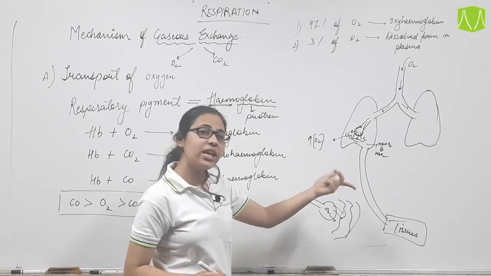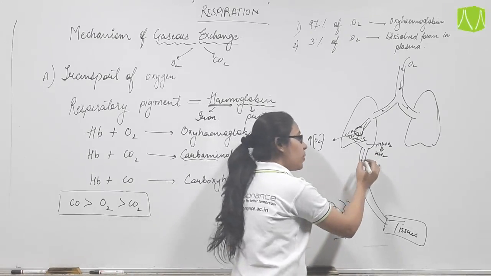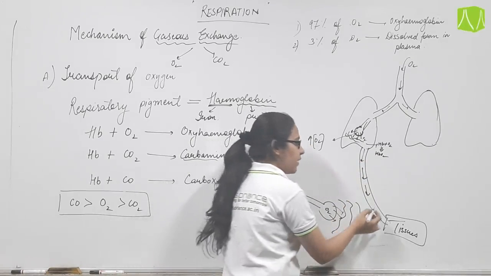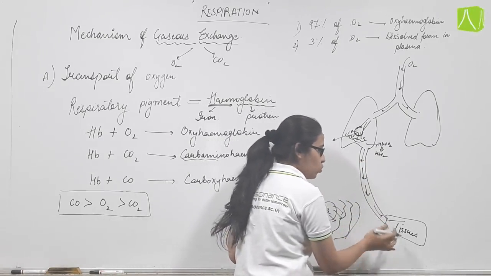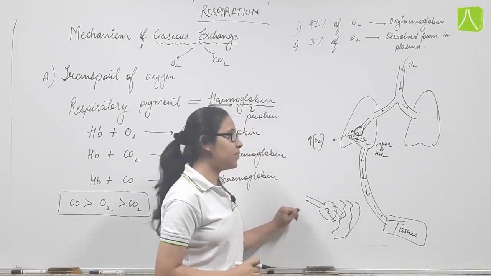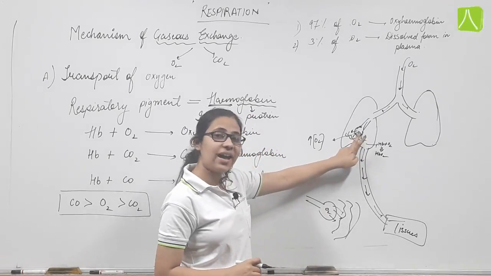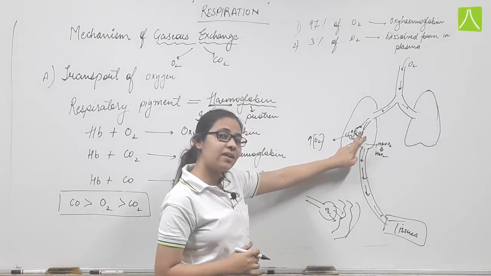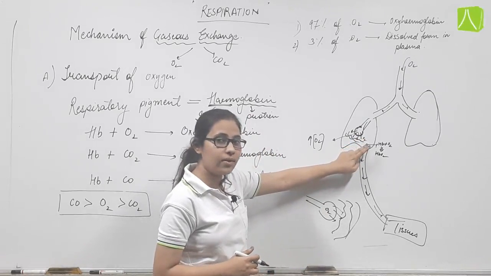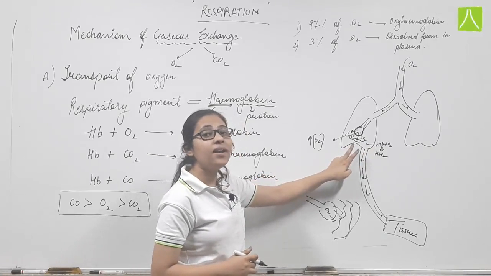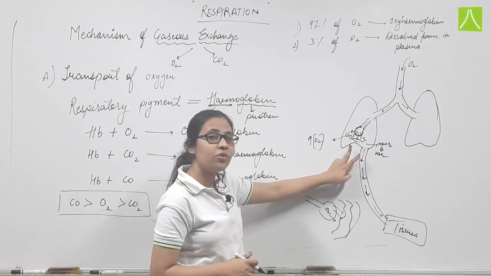Now this oxyhemoglobin travels through the blood vessels and enters the target site or the tissues. So basically, the concentration of oxygen is high in the alveoli, and because of this it diffuses out into the blood vessels, which have RBCs in which the respiratory pigment hemoglobin is present.